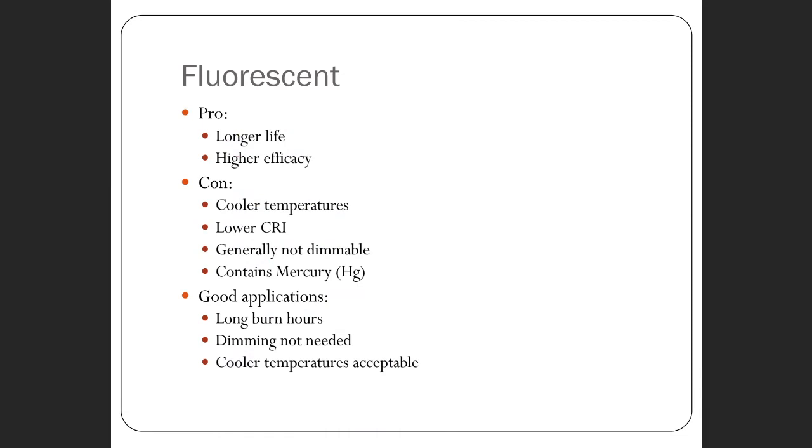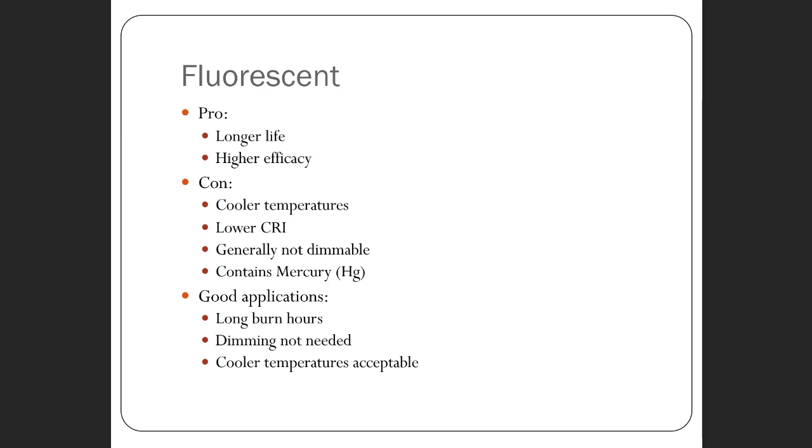So what are some of the pros and cons? Fluorescent light has a substantially longer lifetime than these other light sources, and much higher efficiency, or efficacy. It generally has cooler temperatures, so it'll be a higher number of Kelvin degrees, 3,500 or 4,100 Kelvin.